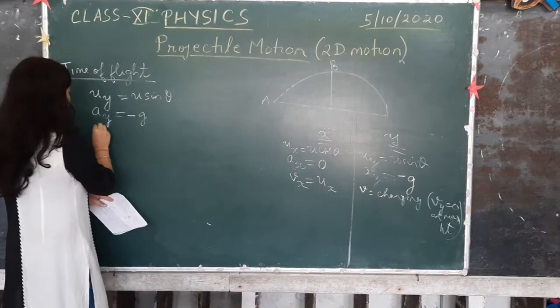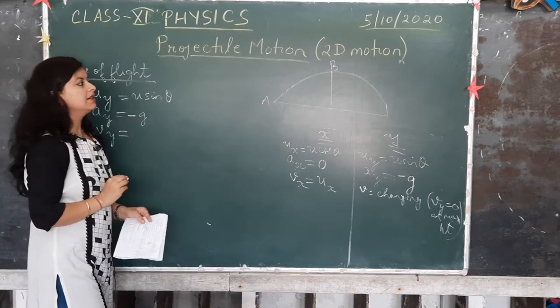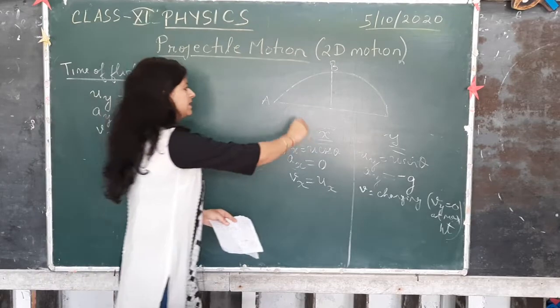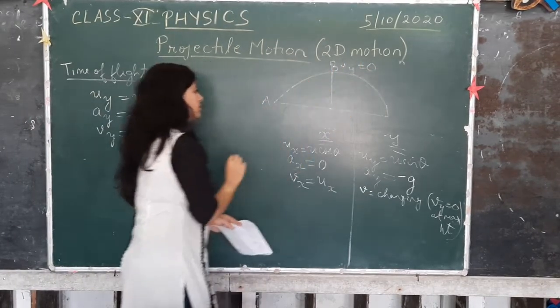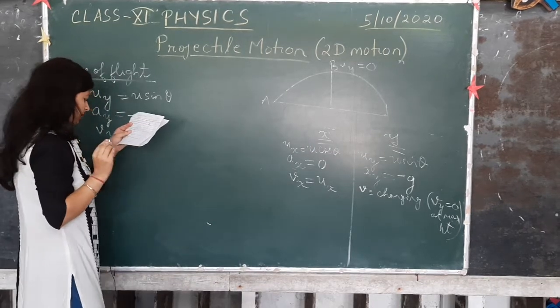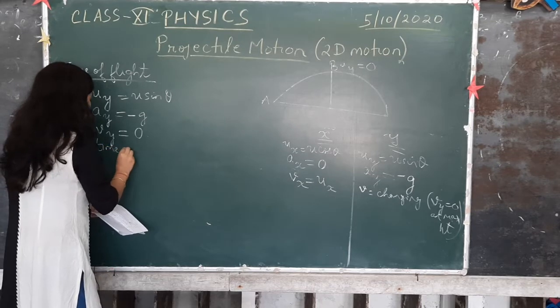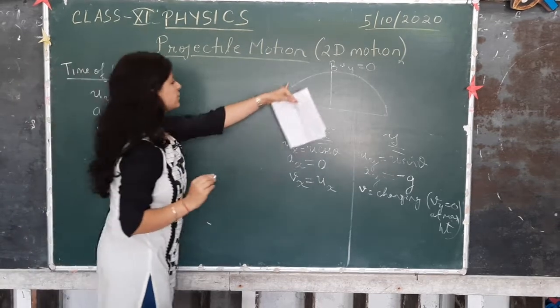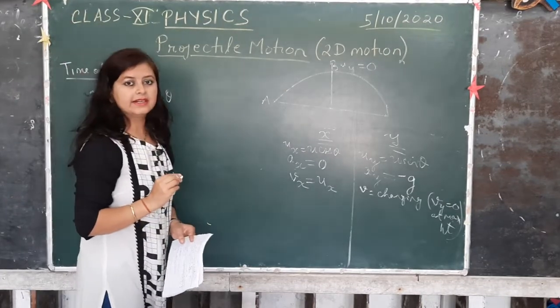Now Vy, the velocity along the y direction when it reaches the final destination B, as I told you previously, becomes equal to 0, that is minimum. So Vy is equal to 0. Let the time taken by this particle to reach from A to B be t. We will find out t, then we are just going to take the double of it.